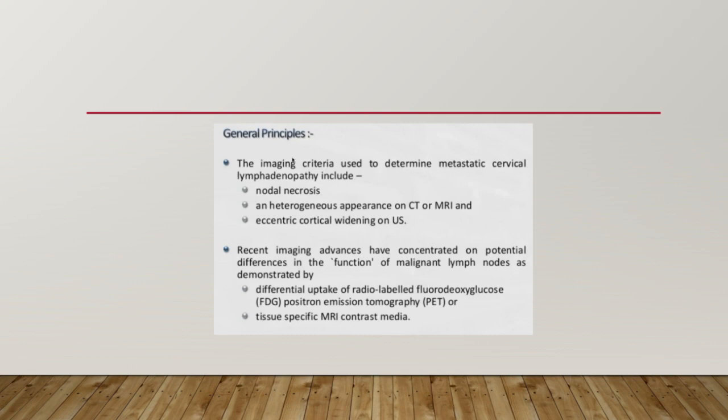The general imaging criteria used to determine cervical lymphadenopathy are nodal necrosis, heterogeneous appearance, and eccentric cortical widening on USG. The recent imaging advances which show the functional nature of the lymph nodes are the glucose uptake by FDG PET scans, as well as the use of tissue specific MRI contrast material.